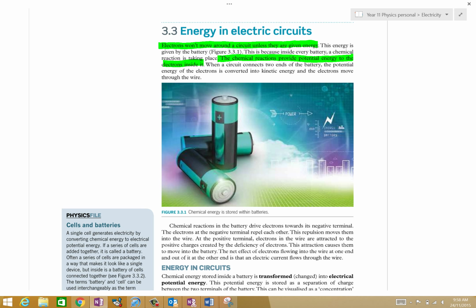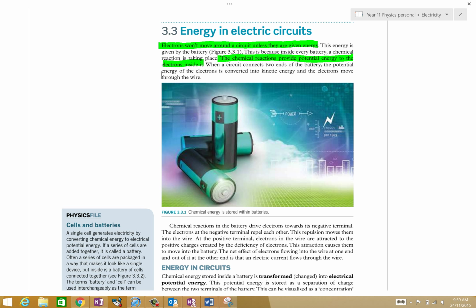Now, the potential energy, or voltage we call it, the electric potential, can then be converted to the electrons, which of course move through the wire.